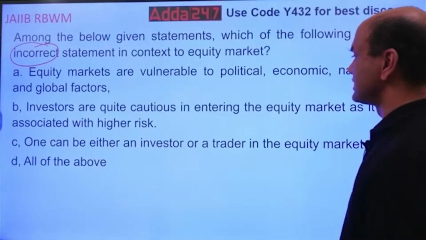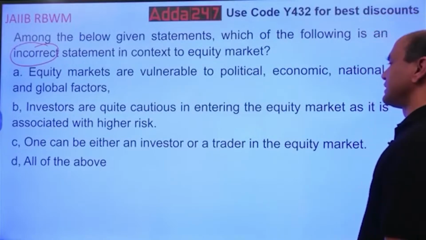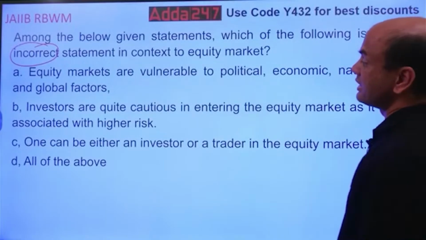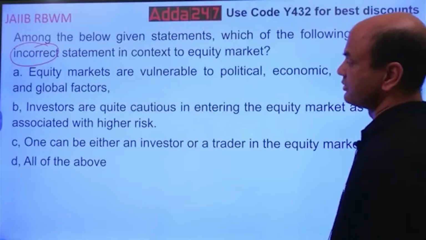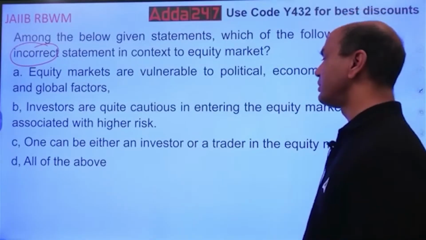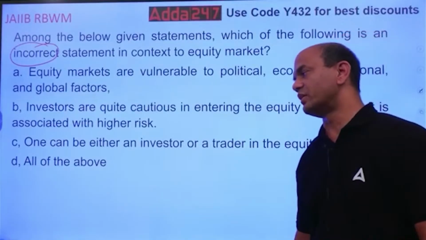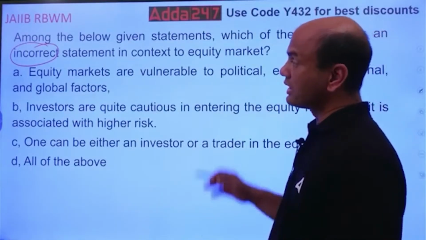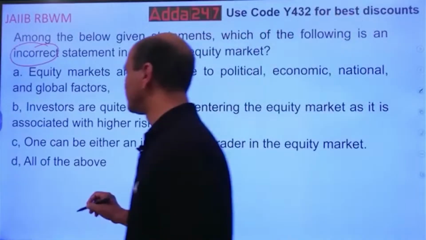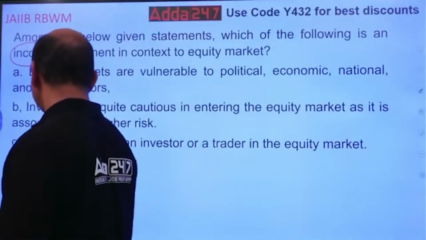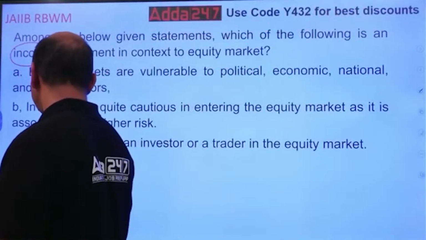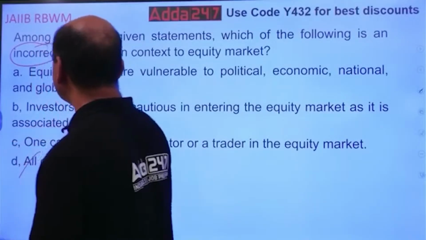Investors are quite cautious in entering the equity market as it is associated with higher risk. One can either be an investor or a trader in the equity market, and all of the above. You want the incorrect one. In fact, it should be none of the above.